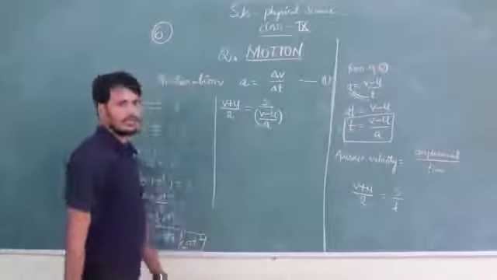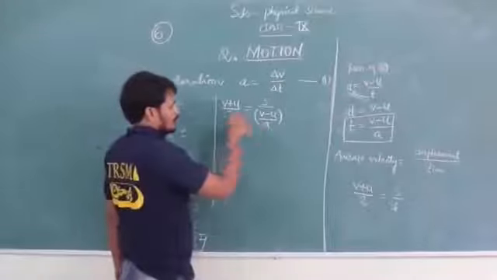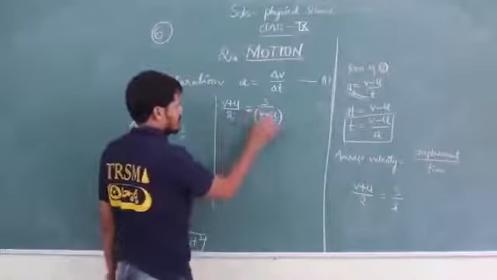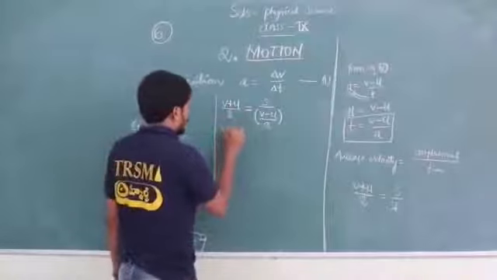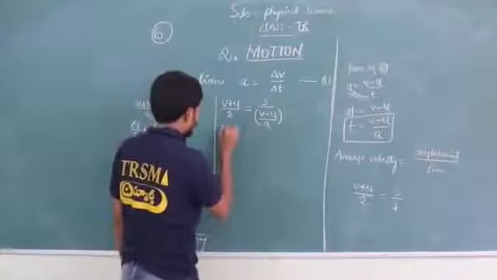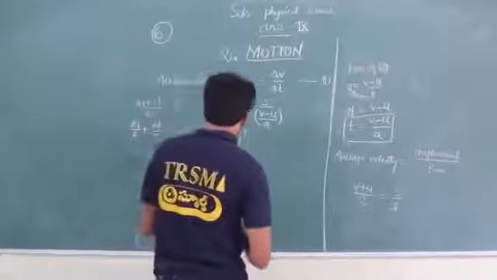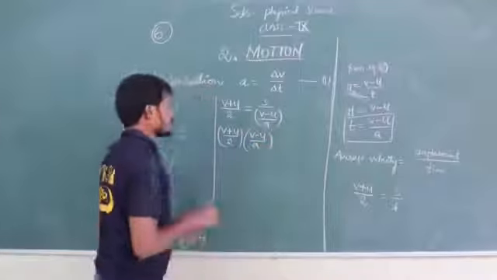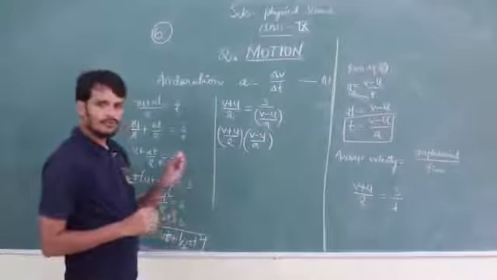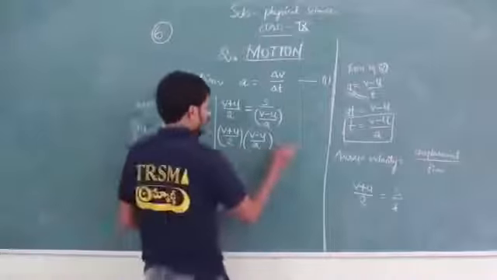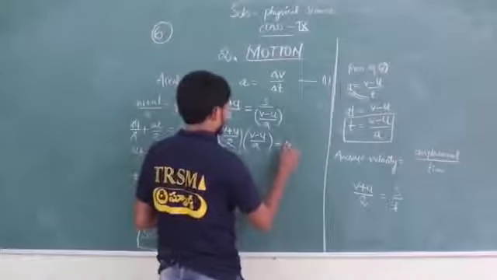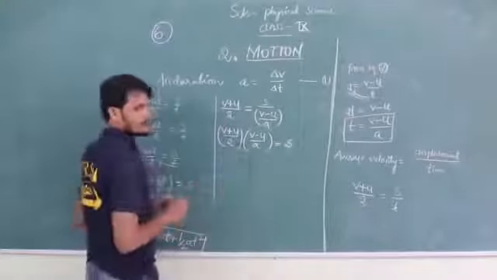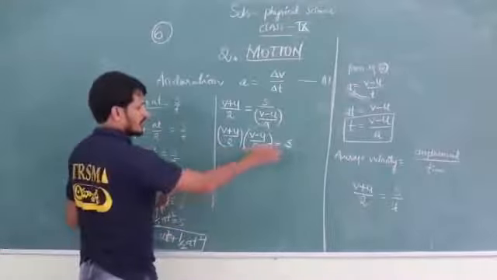Now send this (v minus u) by a to the other side. So (v plus u) by 2 into (v minus u) by a equals s.